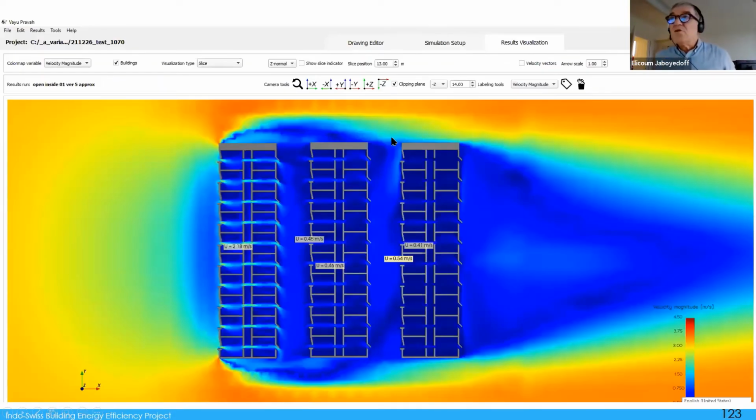So now if we go down to the building level, you can see here we have taken a zoom on 3 buildings only. And we see that even with a velocity of approximately 3 meters per second from far away, we are getting almost 2 meters per second at the entrance of some of the flats here. But we can see that the next one only has something like 0.4 or 0. So that means you are reducing. These buildings have hardly 1/5 of the airflow that the first one is getting.